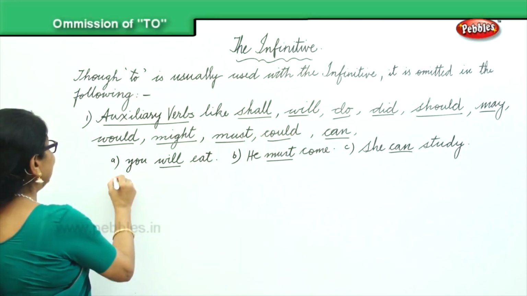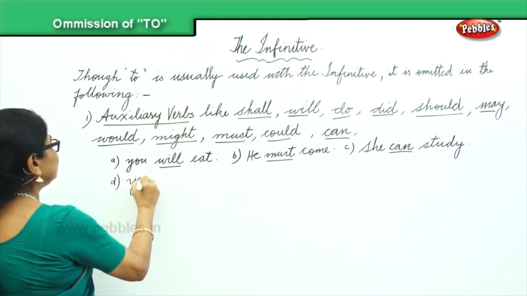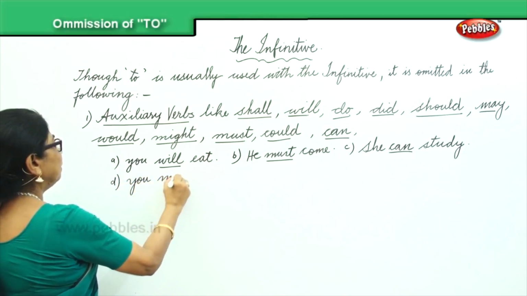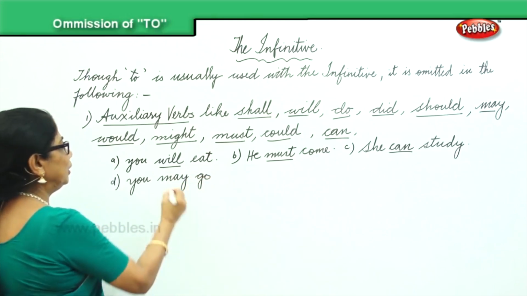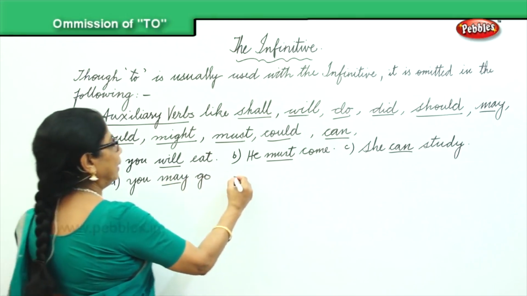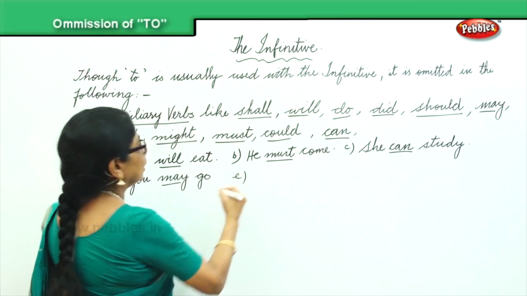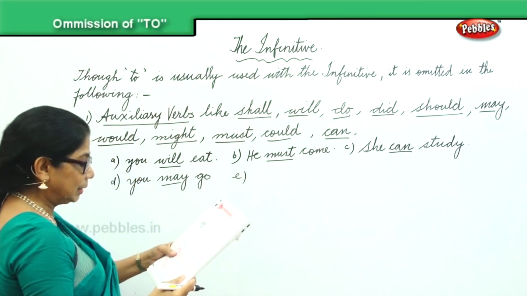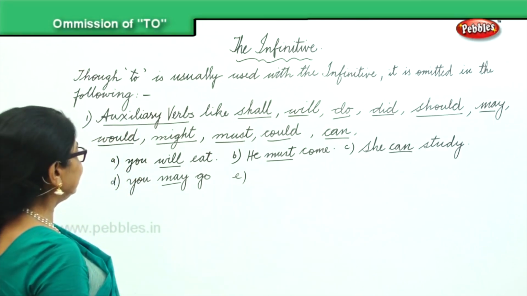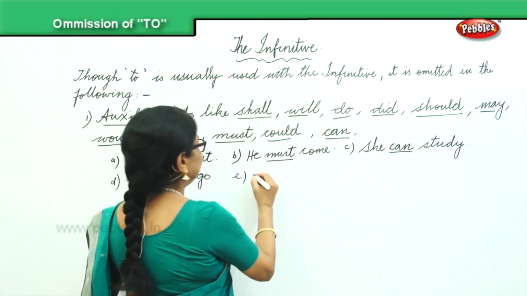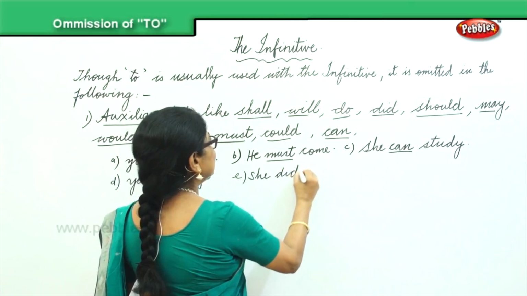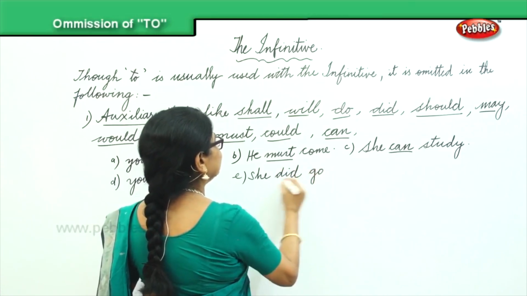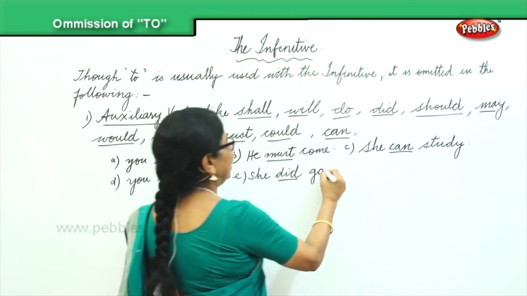So we will say, you may go. Then we have other words. Did. He did come. Or you can say, she did come, or she did go.